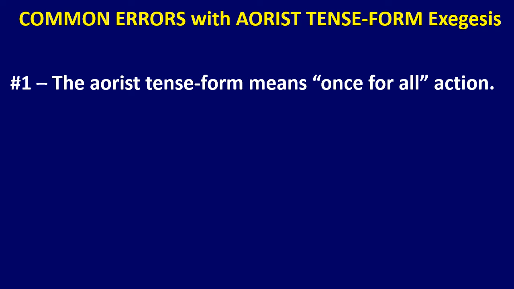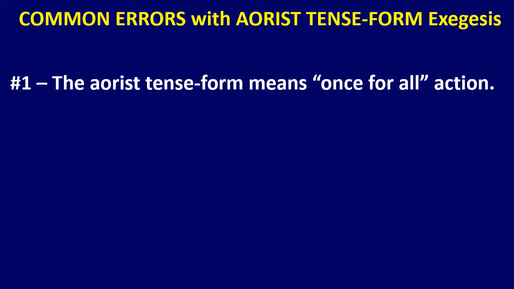But since those seminal studies have been done, slowly and gradually the textbooks are changing for Greek grammar as well as the commentaries. But we still have a whole generation of pastors and scholars who aren't up to speed on this, unfortunately. And it's very common to hear statements like this, that the aorist tense here means once for all action in past time.